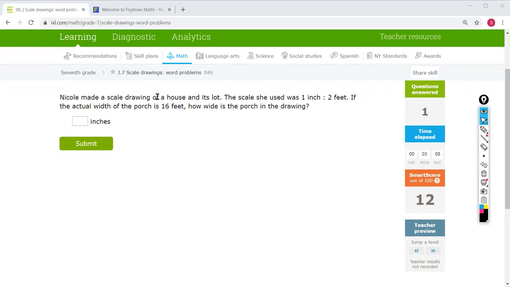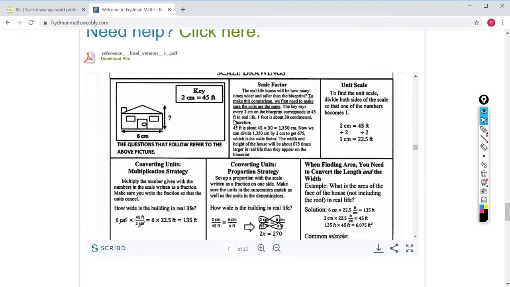Nicole made a scale drawing of a house and its lot. The scale she used was 1 inch to 2 feet. If the actual width of the porch is 16 feet, how wide is the porch in the drawing? So for this one, we are going to be converting units.